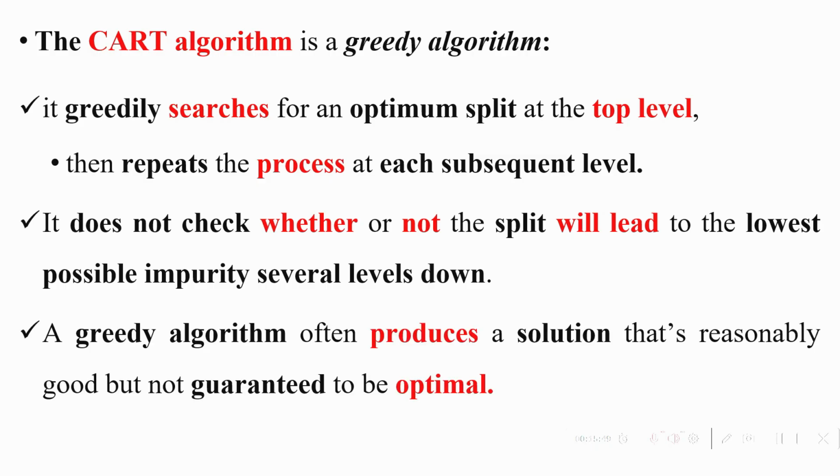So a greedy algorithm often produces a solution that is reasonably good but not guaranteed to be optimal. Like that, we train our algorithm with the help of the CART algorithm. This is one of the best decision tree algorithms, called CART, which stands for classification and regression tree.